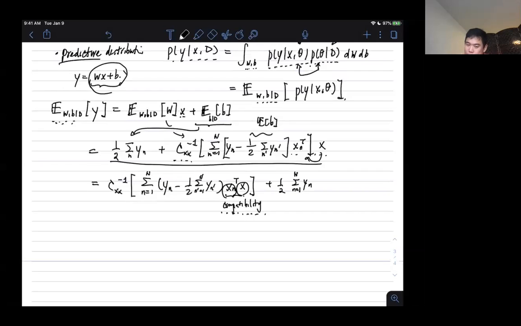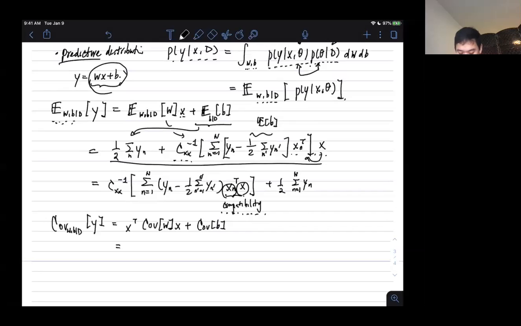What we often want is what is the uncertainty or the noise in our prediction? And that is given by the covariance matrix of y under the posterior distribution. Because of the property of the covariance matrix and the linearity it has, we can write it very nicely as x transpose covariance of w times x, plus covariance of b.